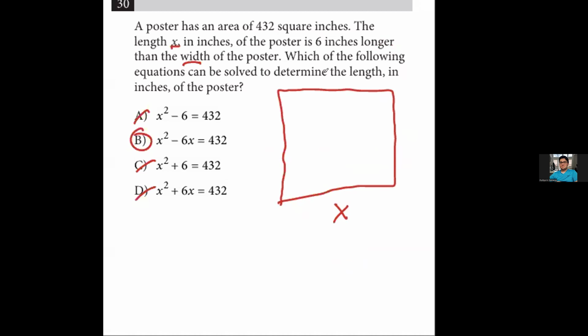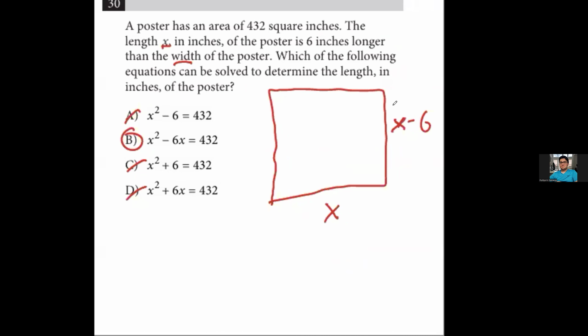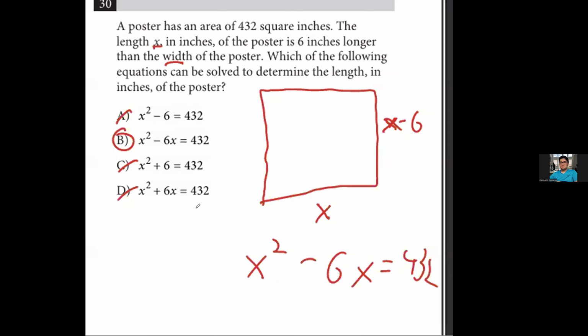So let's say this is the width. The width would be the length minus 6. And so you just multiply, which would be x squared minus 6x equals 432. That's how to solve that.